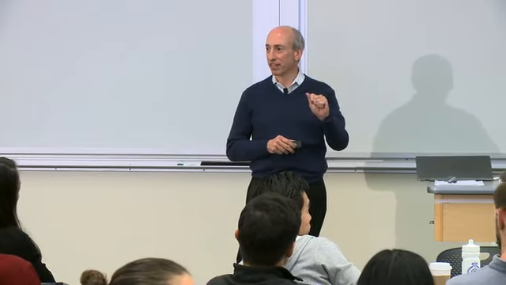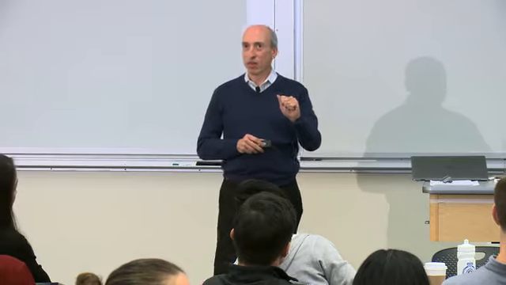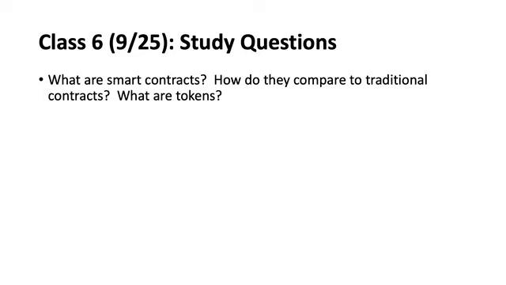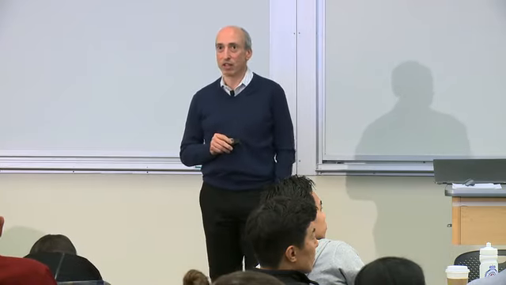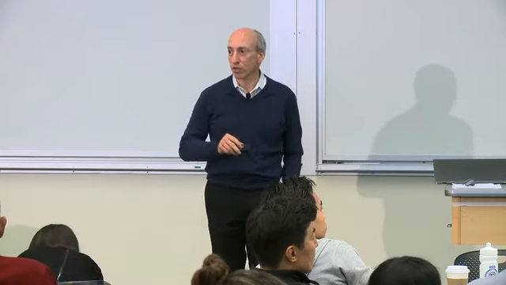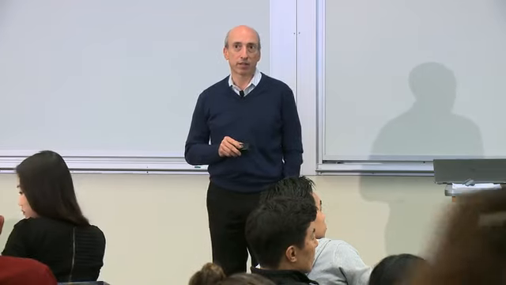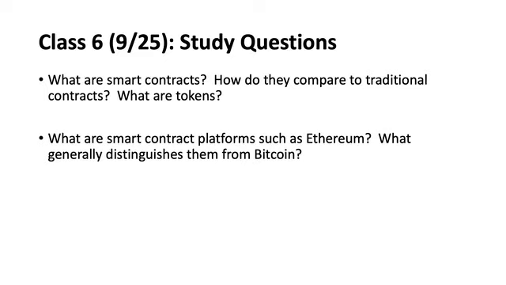I just wanted to. So the study questions today are about smart contracts and basically how they compare to regular contracts, and what the tokens are that are used within that ecosystem. And what are the platforms?